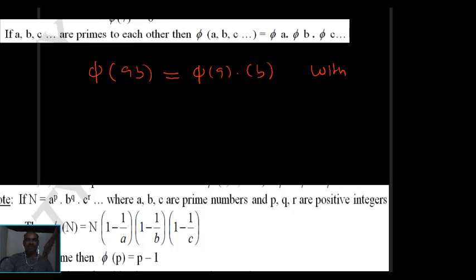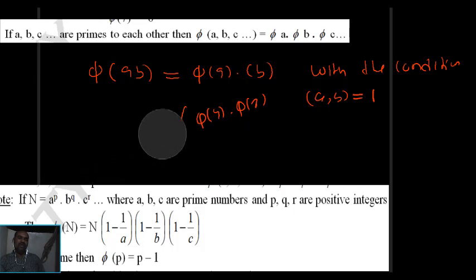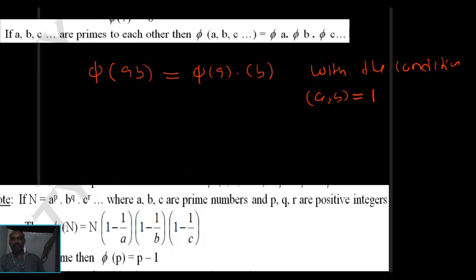GCD of A and B equal to 1 means they are co-prime. Under that condition you can write it. For example, phi of 4 times 8 you can't write as phi of 4 times phi of 8. That is wrong, because 4 and 8 are not co-prime. If A and B are co-prime, you can write it and find the value.